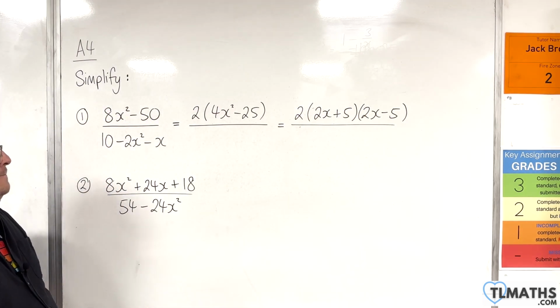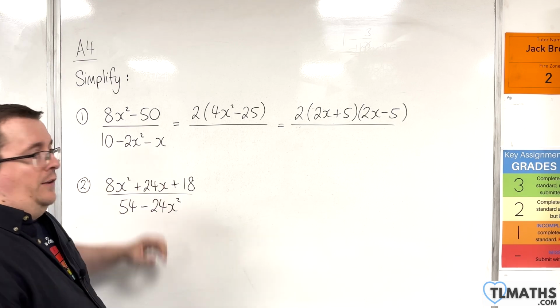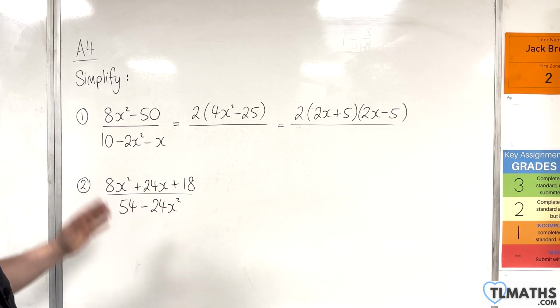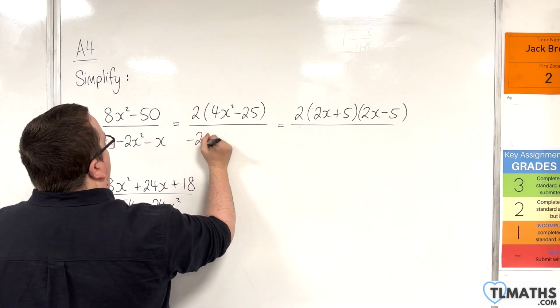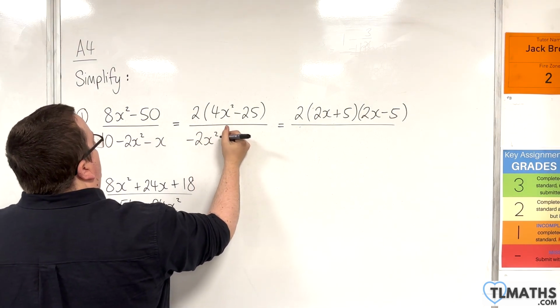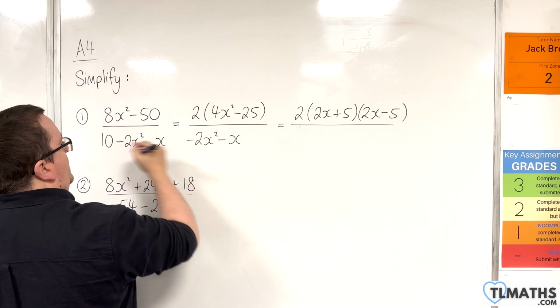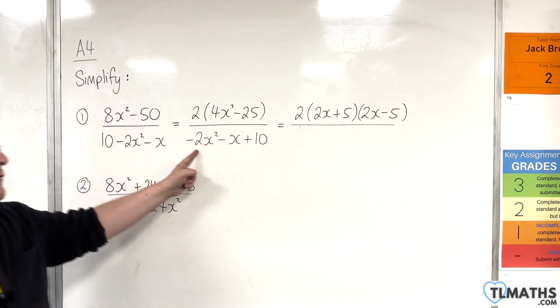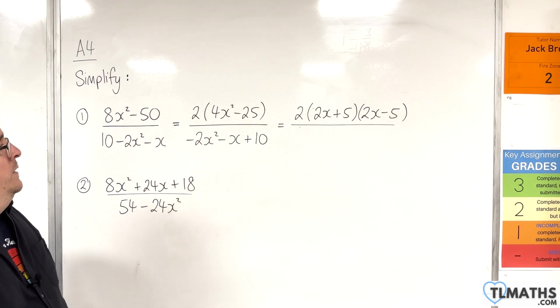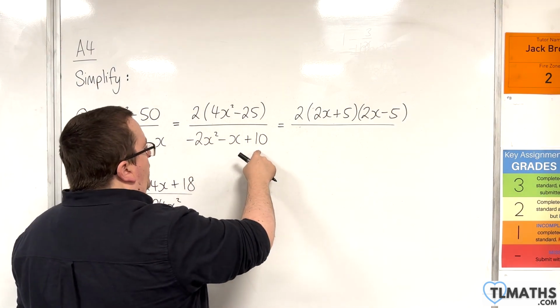Now the denominator, I don't like its current format, because we don't have the x squared term first, so I'm just going to rewrite that as minus 2x squared, then the minus x, and then the plus 10. So I need to factorise that. So let's do minus 2 times 10.